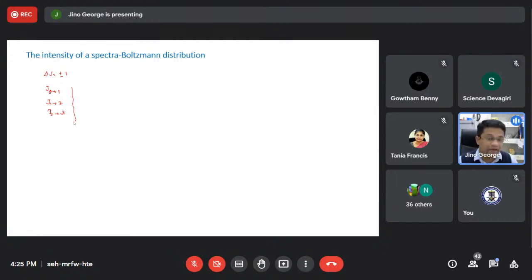So I will apply the simple Boltzmann relation: N_J by N_0 is equivalent to exponential of minus E_J by k_B T, and this is again equivalent to exponential of minus B h c divided by k_B T into J plus 1.